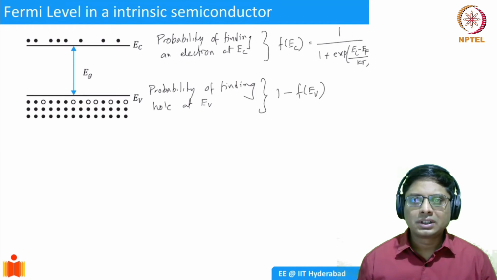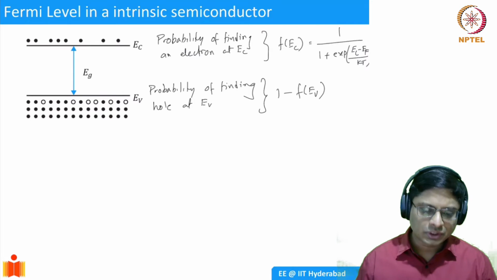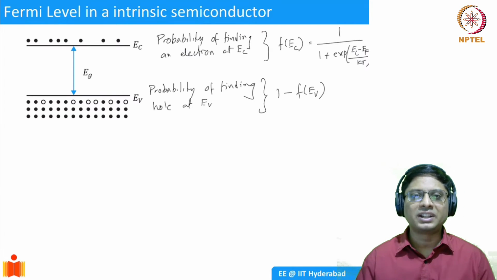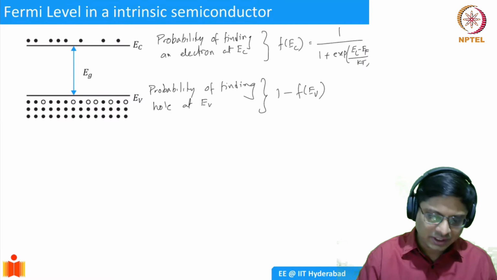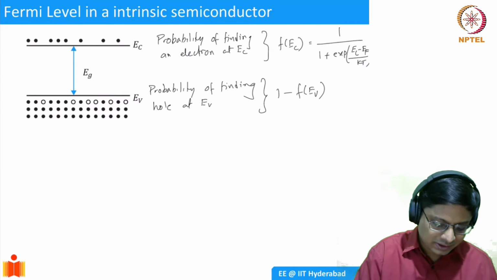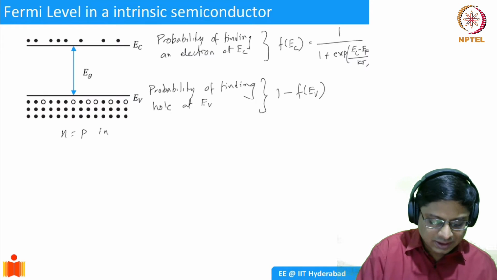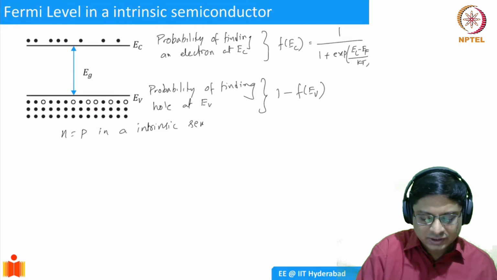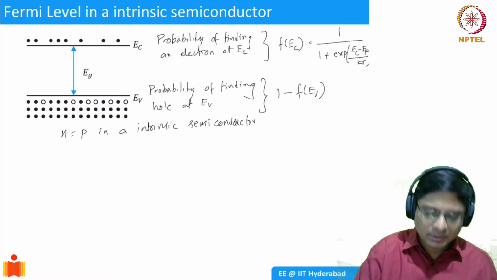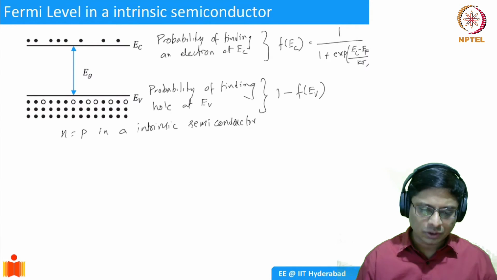So now we have these expressions. How will this help us find the Fermi level of an intrinsic semiconductor? We'll use the relation that in an intrinsic semiconductor, n equal to p, right? We have not added any other dopants. There are only electron hole pairs which are produced, and that gives us n equal to p.